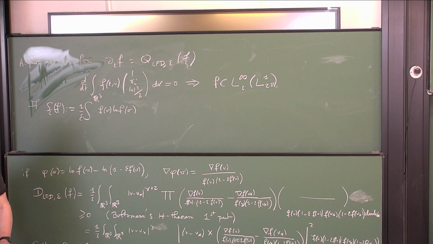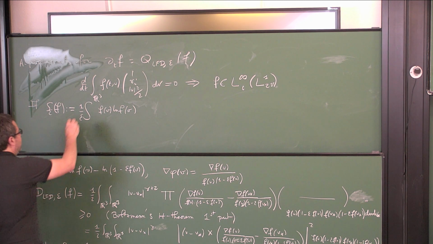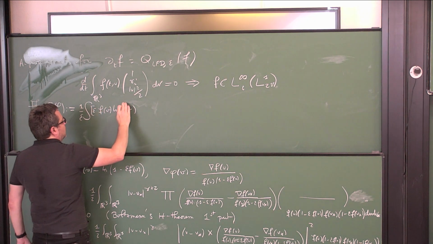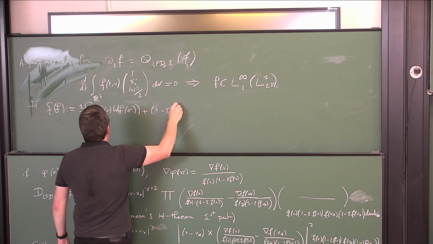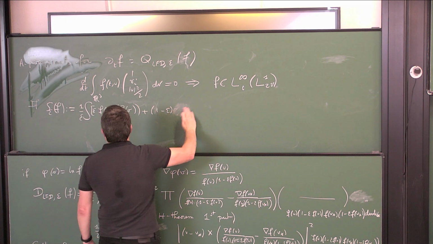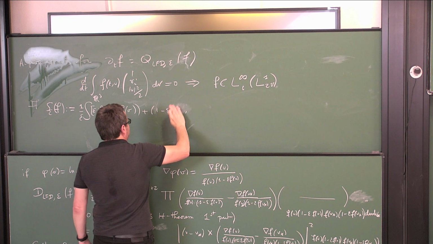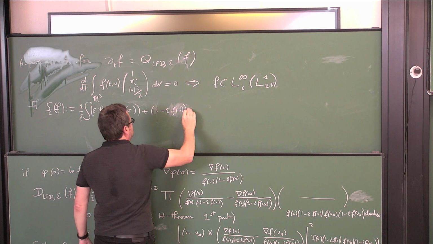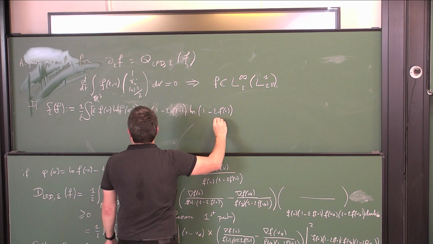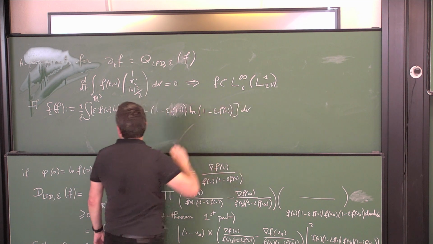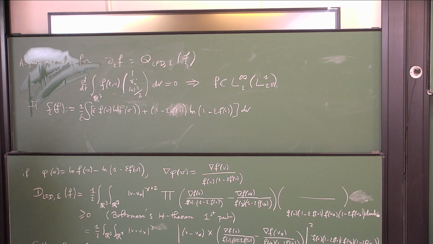It's better to put 1 over epsilon in front and to put epsilon everywhere inside. So this is (1 over epsilon) times the integral of epsilon f log of epsilon f plus 1 minus epsilon f of v times log of 1 minus epsilon f of v. So this is the Fermi-Dirac entropy.